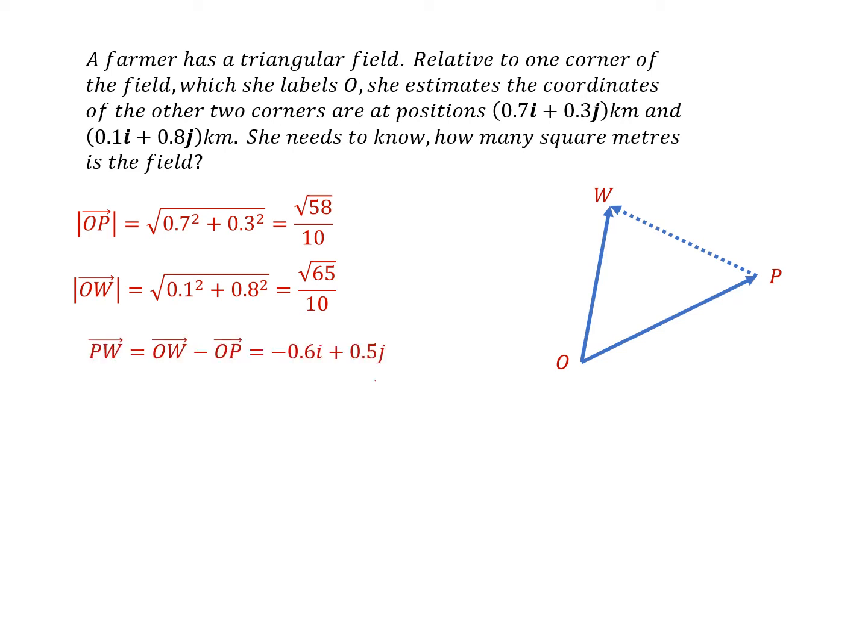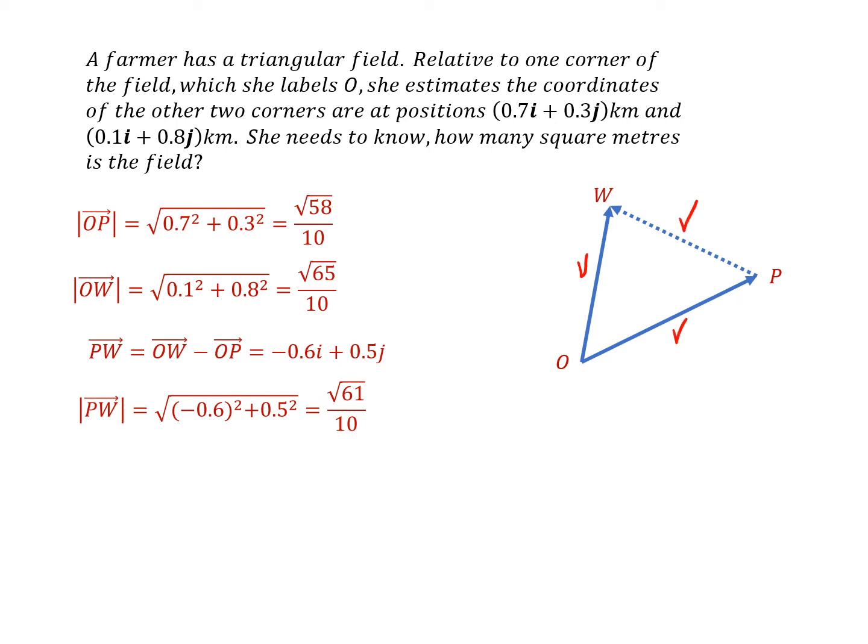So that's the vector PW there. Now that we know what the vector PW is, we can work out the length of that vector by using Pythagoras, and we get root 61 over 10.